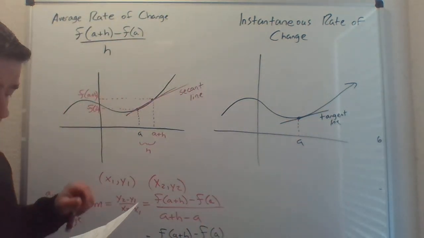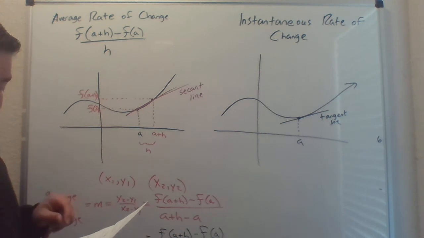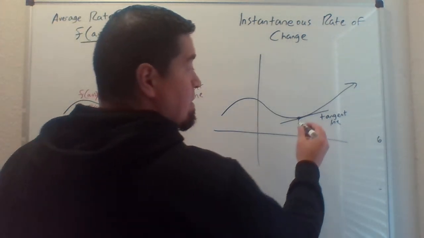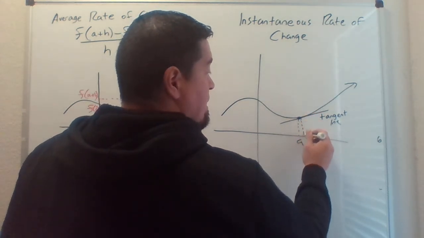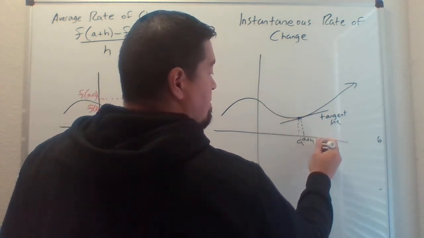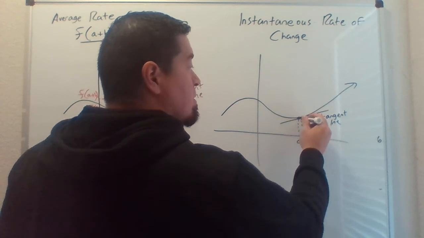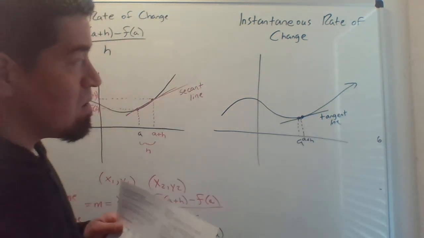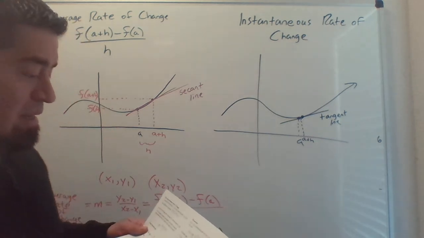Okay, so how do I get that? It's kind of the same idea, right? We talked about it earlier, how do I get a better estimate? Well, get a closer point, right? But what's the closest point that I can get?